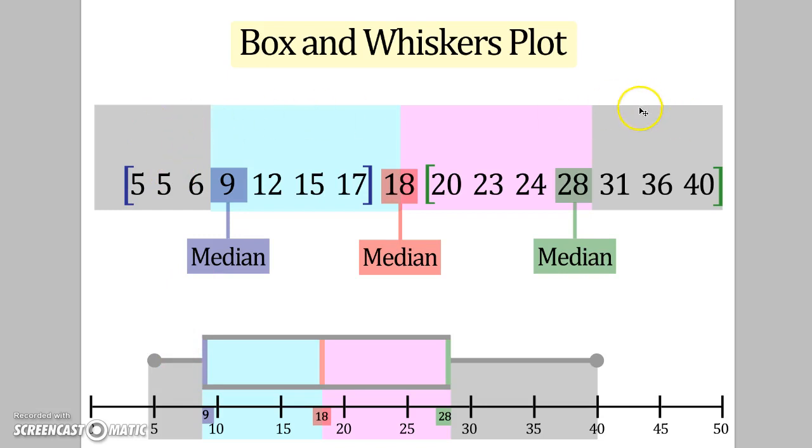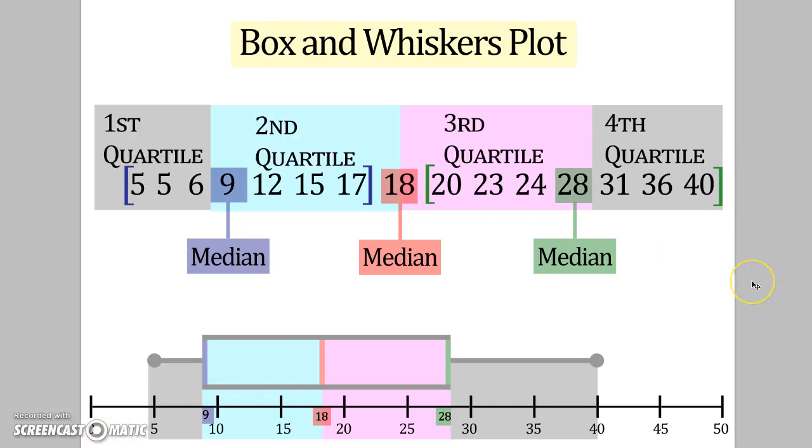So the far left values and far right values. So notice we have a value of 28. That's where the whisker starts, and it ends at 40, which within our data also shows here. Then the left whisker starts at 5, ends at 9. So I hope that helps. I hope this simplifies the process for you a little bit.